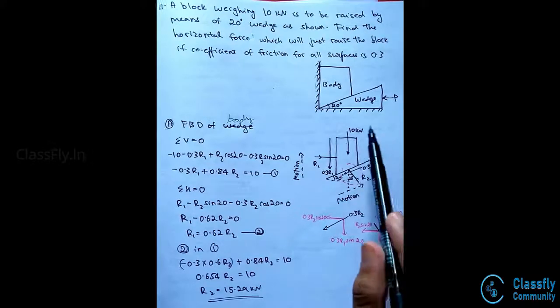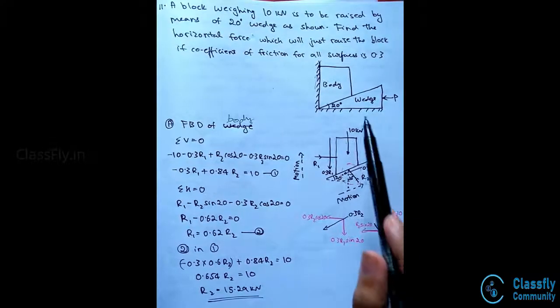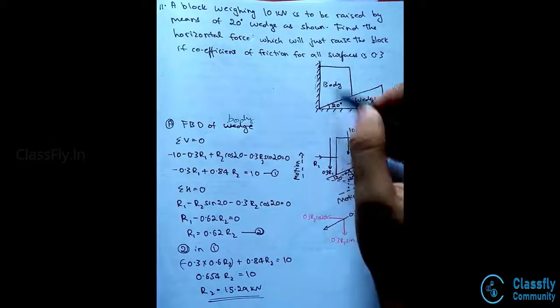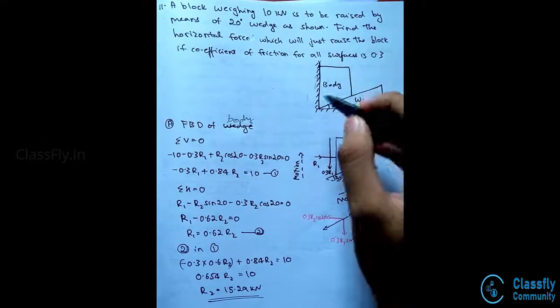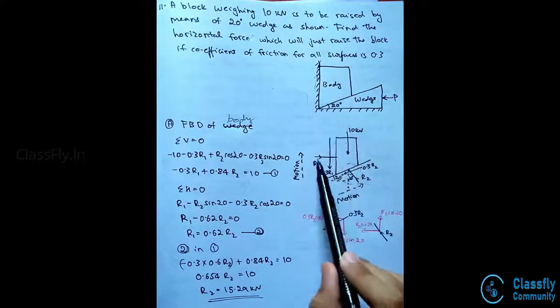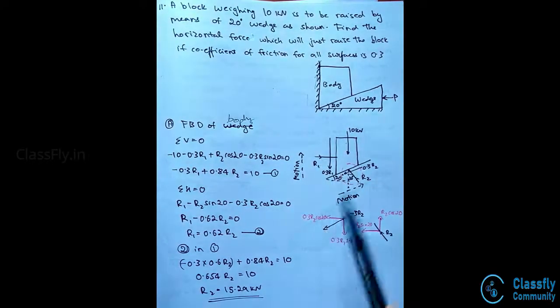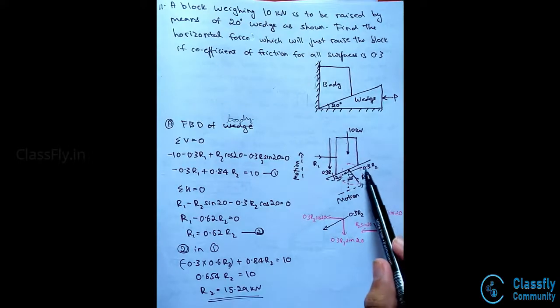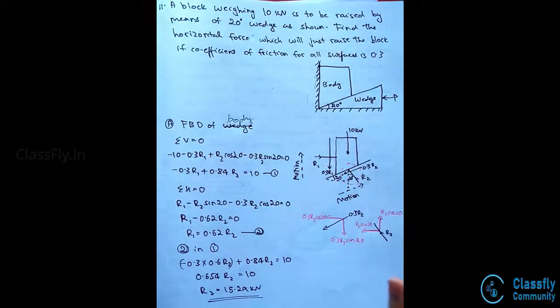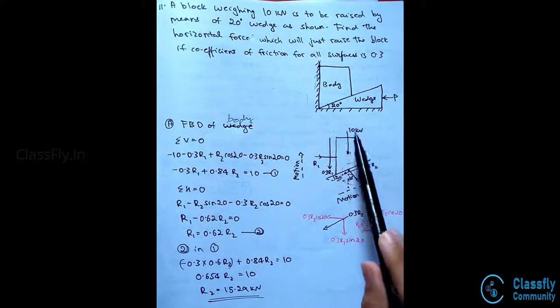Hence, we can find it out in the free body diagram that a frictional force of 0.3 R1 will act in the direction opposite to the upward movement of the body, and also there will be a normal reaction R1 which is set up. Similarly, there will be a frictional force 0.3 R2 that will act on the upward sliding movement of the body along the wedge, and also a normal reaction R2 which counters the weight of the 10 kilonewtons.